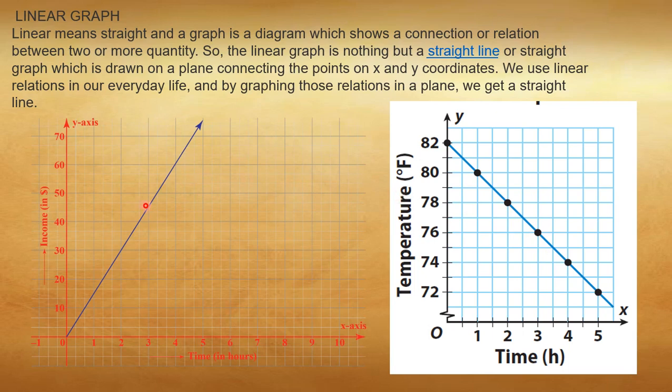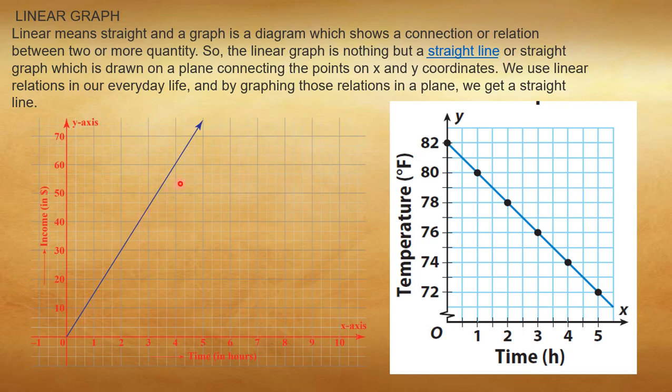Let us consider one more example. Income and the time in hours. In the first hour, the income is as we can observe here. In the second hour, the income will increase. So here again, when joining the points, we get a line segment, which is a straight line. So this is also a linear graph. So the linear graph is a straight line.